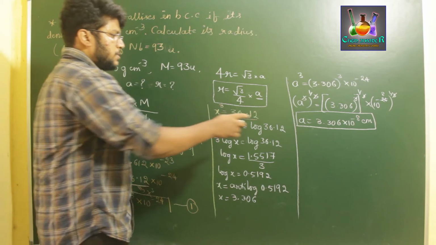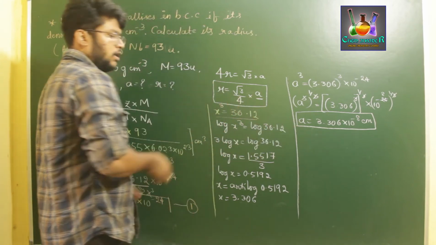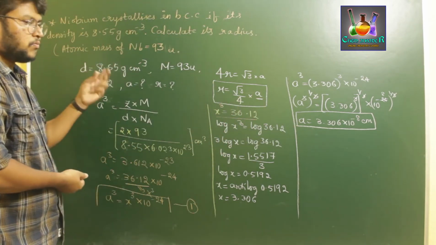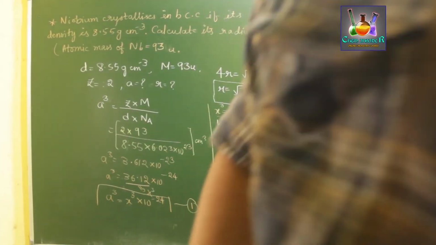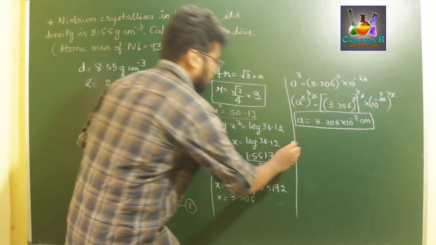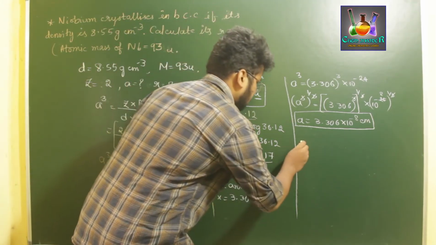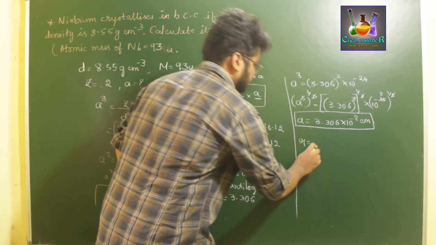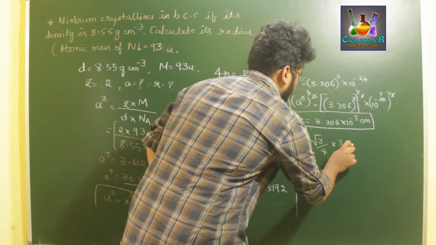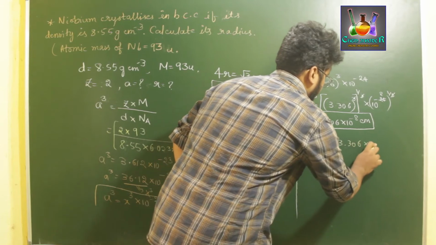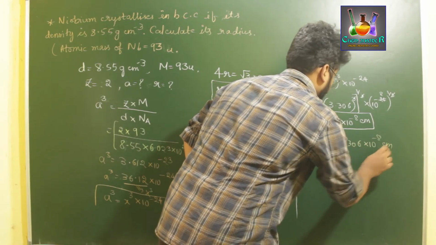Now substituting this value of a in R, that gives us R is equal to root 3 by 4 into 3.306 into 10 power minus 8 centimeter.